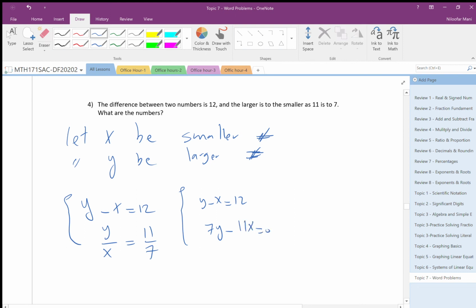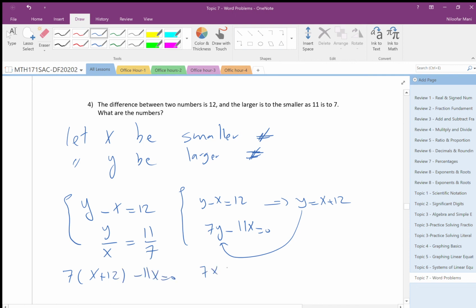Now I can go by substitution. y is x plus 12, and I substitute here: 7 times (x plus 12) minus 11x equals 0.